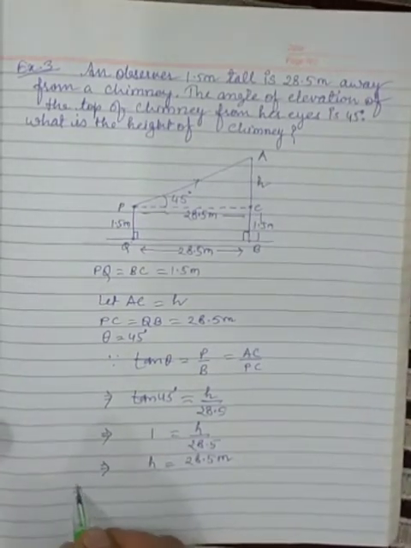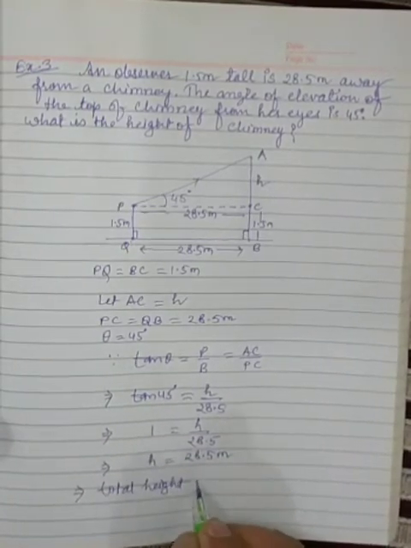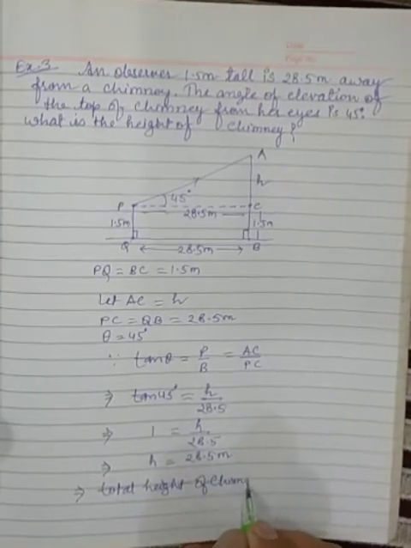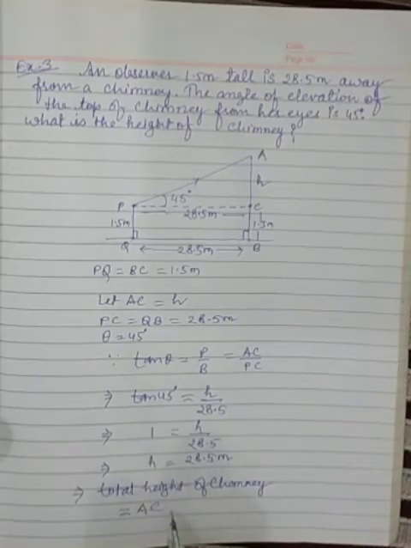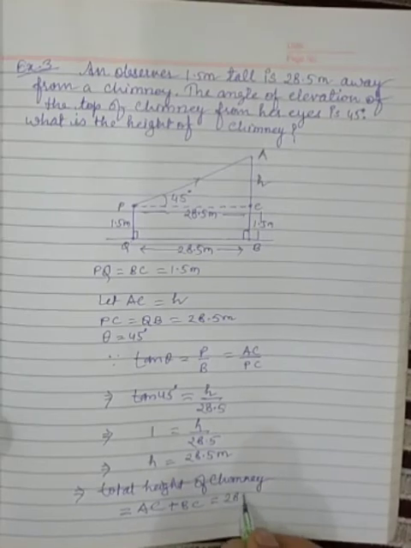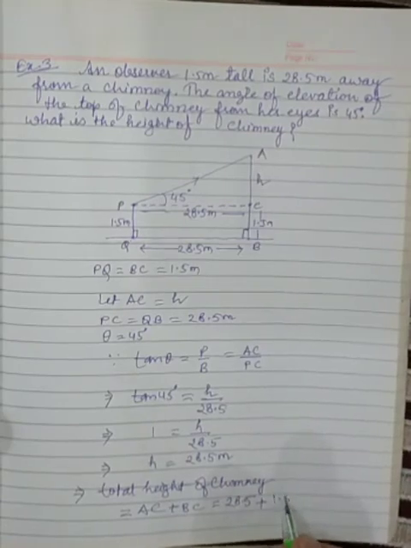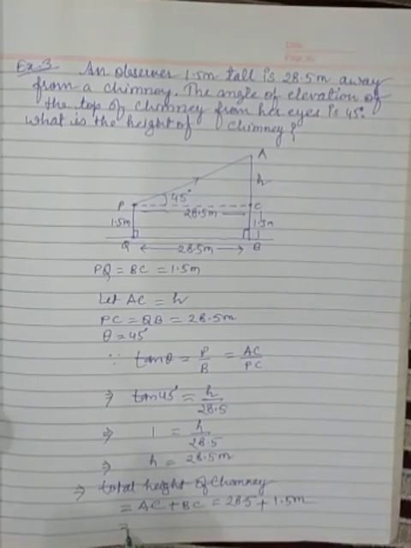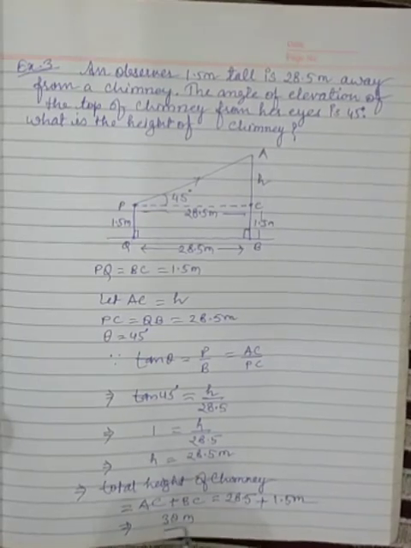That means the total height of chimney is equal to AC plus BC, which is equal to, we just got the value of AC, H is equal to 28.5 plus BC, which we are already given 1.5. Therefore, the total height of chimney will be equal to 30 meters.